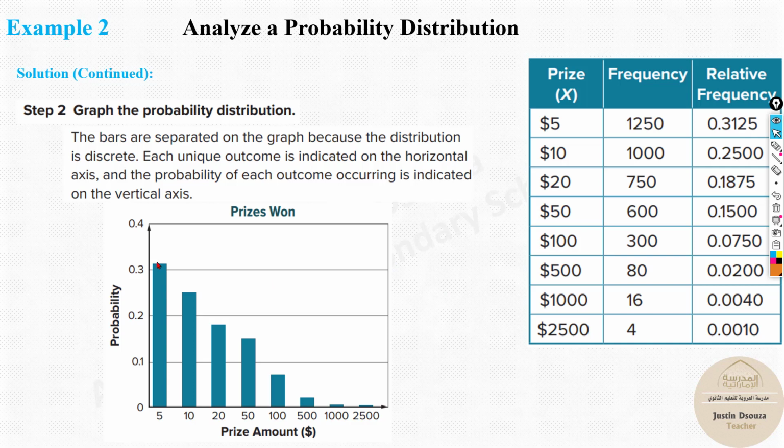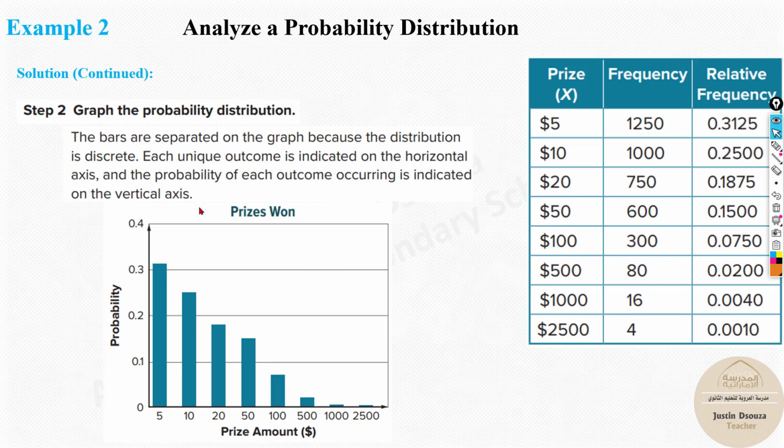Now, what about 10? That is 0.25. What about this 4? See, $2,500. It's very, very little. It's 0.001. This is the thing. Now, what if you add all these relative frequencies? That will add up to 1. You can try this, add them all up, your answer will be 1.